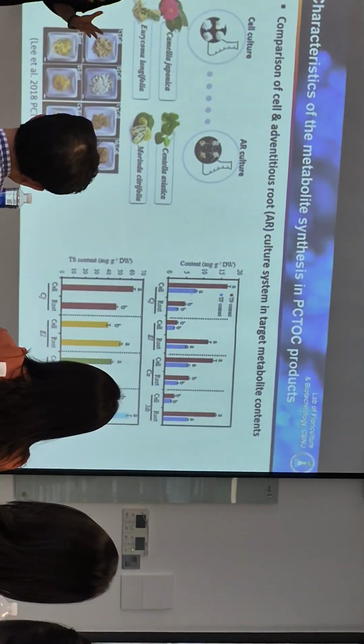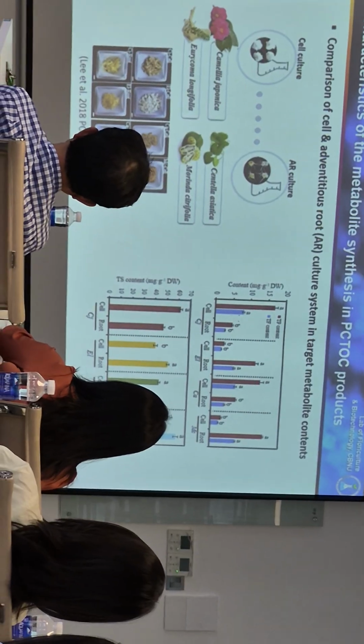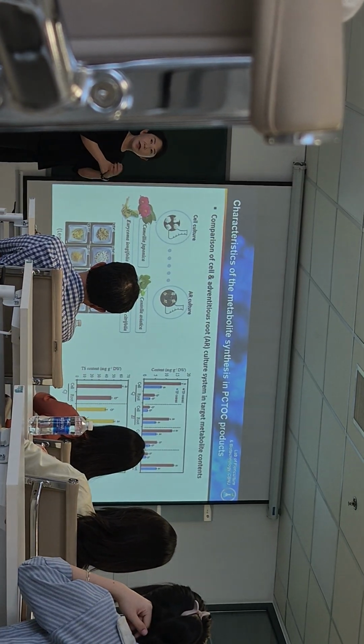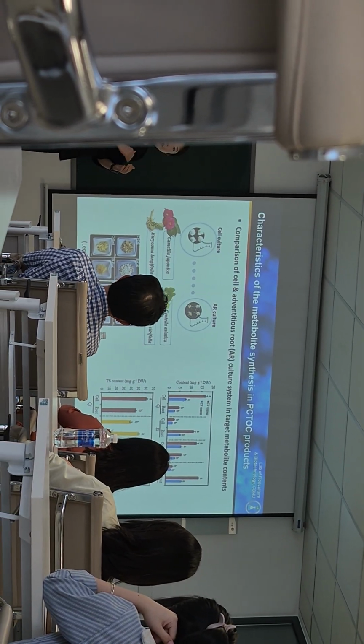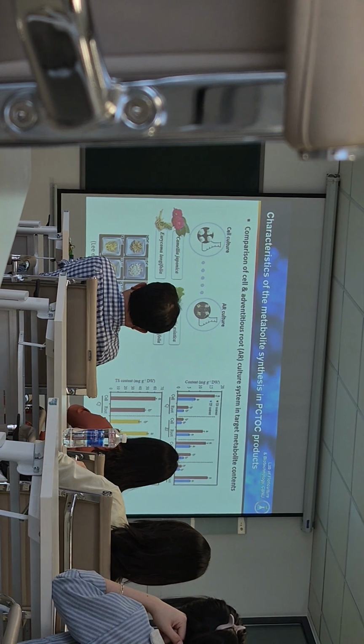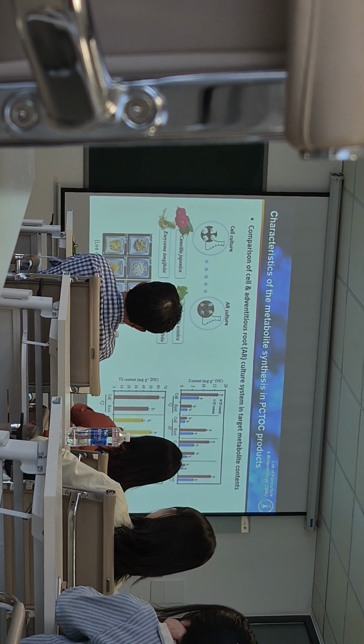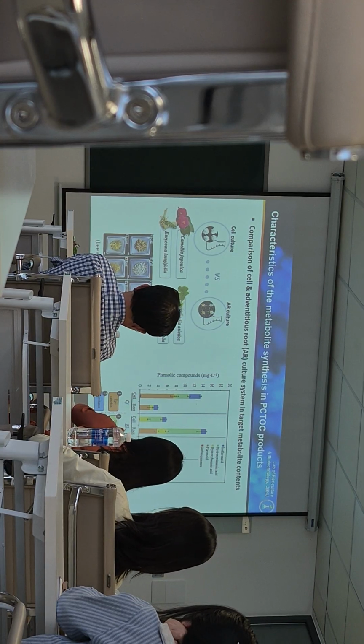So it sometimes depends on the species. But in the case of ginseng, the adventitious root system was always better. But the other species showed slightly different results. It depends on the species. That makes our study difficult. There was no standardized system.